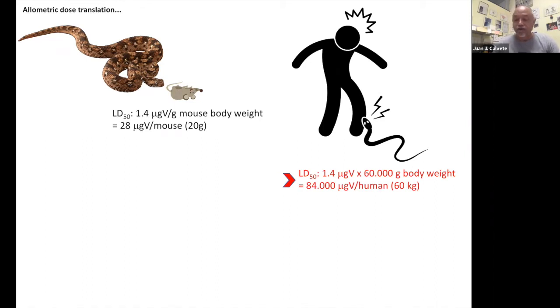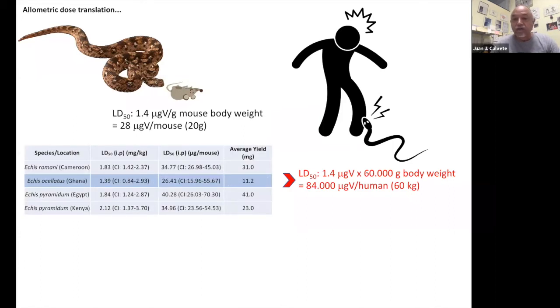And this is absurd, simply because we know that Echis causes death, and the average venom yield of different Echis species, particularly of this Echis ocellatus here in Ghana, is 11.2 milligrams. So if you need 84 milligrams to kill a human of 60 kilograms, you would never observe a death caused by Echis ocellatus here. And the same happens to any other species that you want to apply this to.